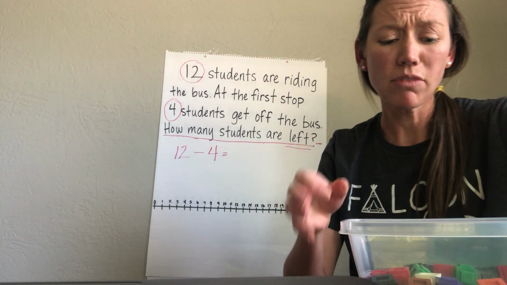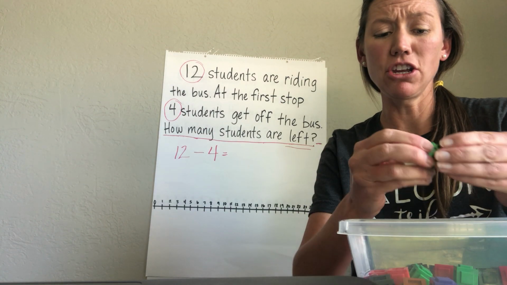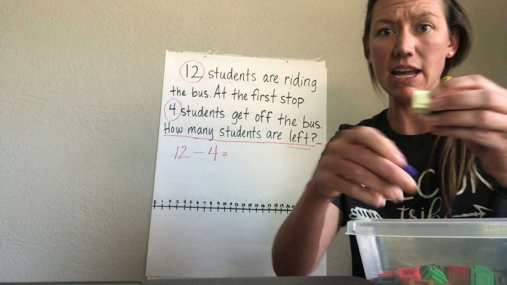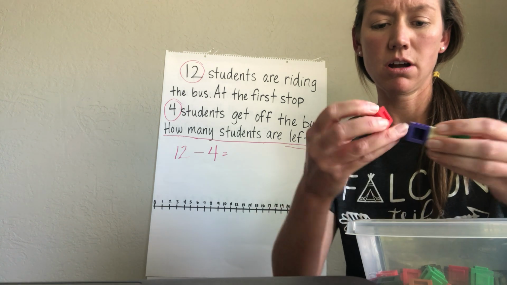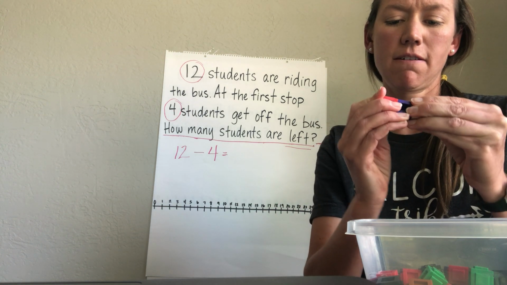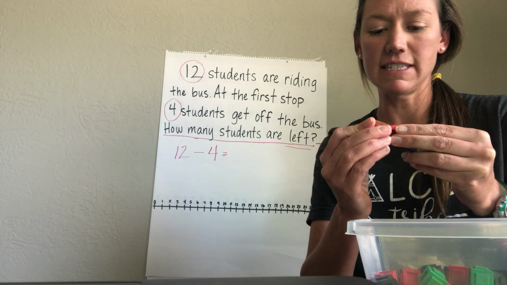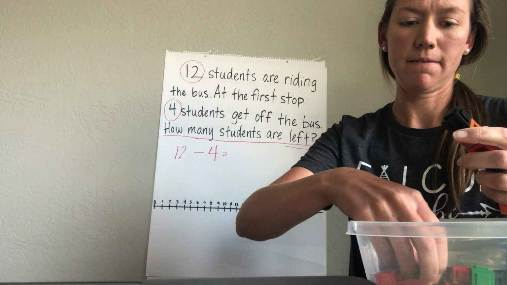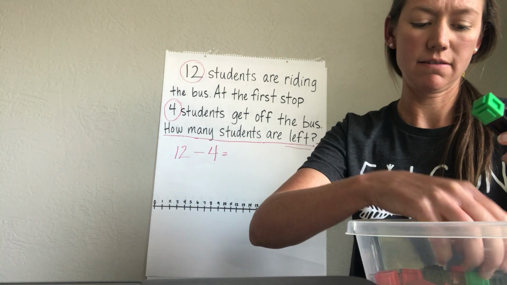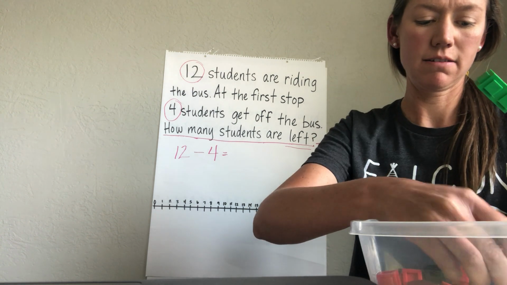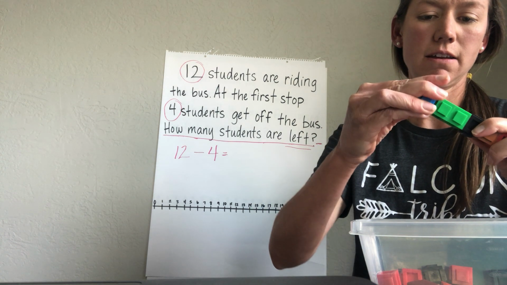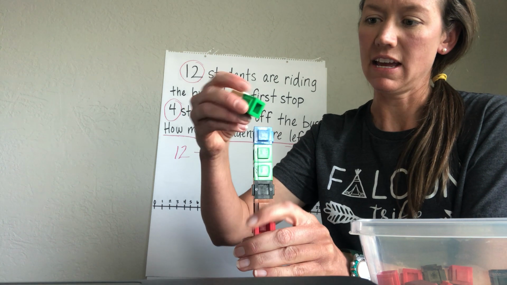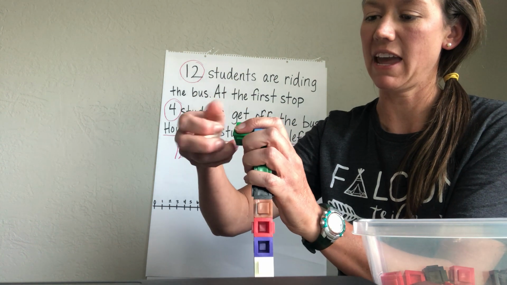Last time, I drew a picture for you. This time, I'm going to use little manipulatives. So I start with 12 students. So 1, 2, 3, 4, 5, if I can get them to snap together, 6, 7, 8, 9, 10, gotta get them all together, 10, 11, 12, okay?